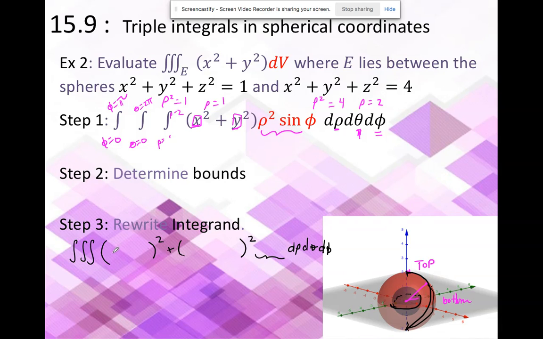And this is going to be rho sine phi cosine theta. And this is going to be rho sine phi sine theta. And then, of course, my price, rho squared sine phi.